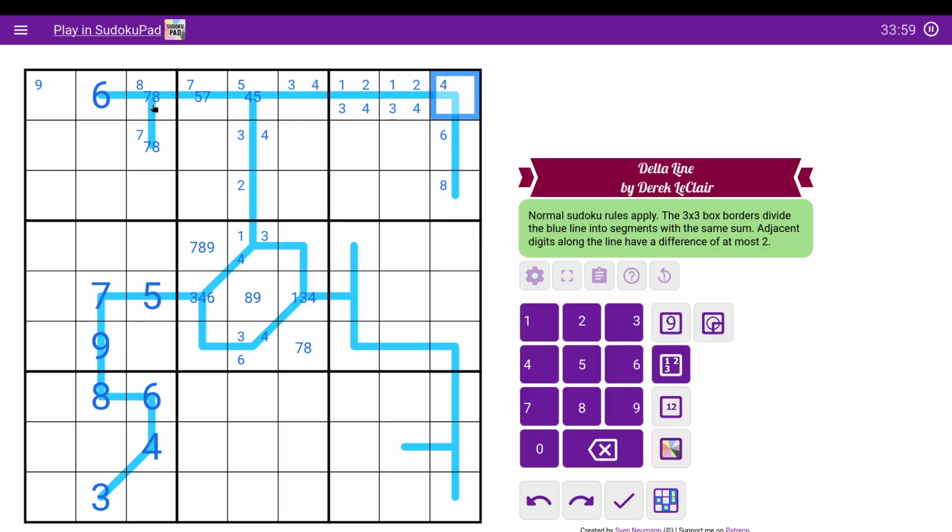And this is 4. 2, 1. I mean, that all looks like it works.